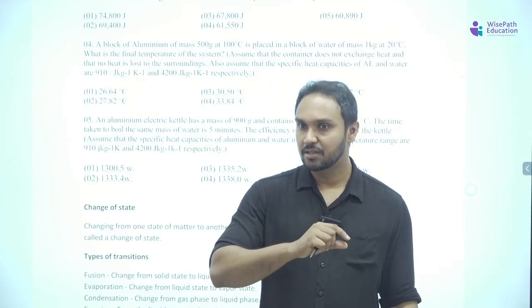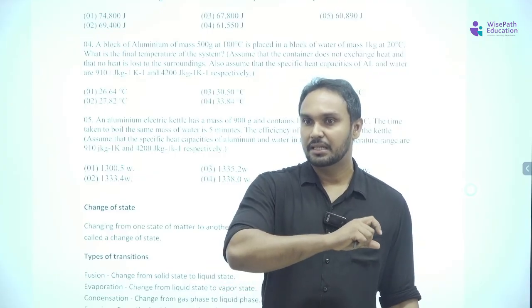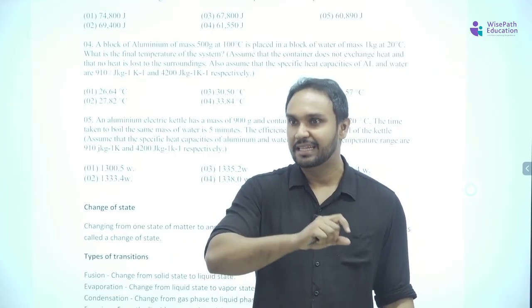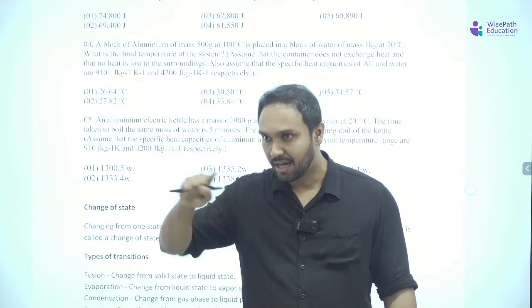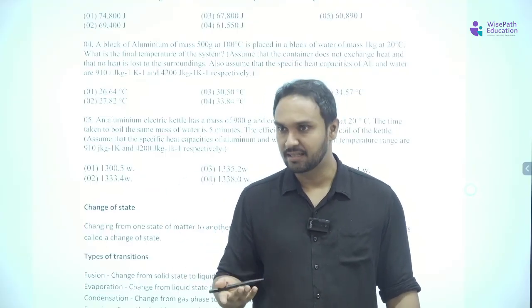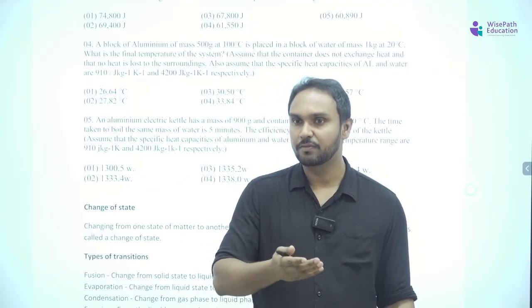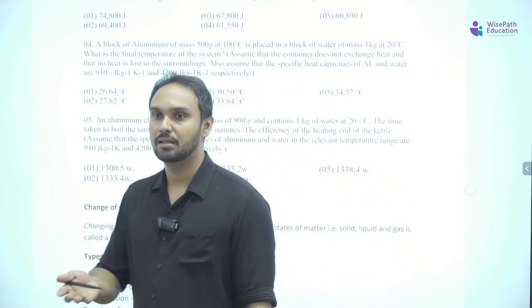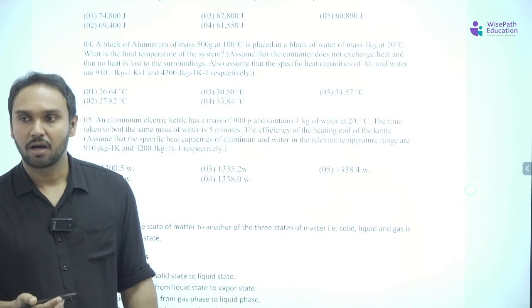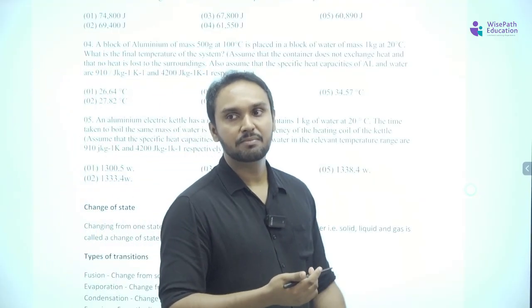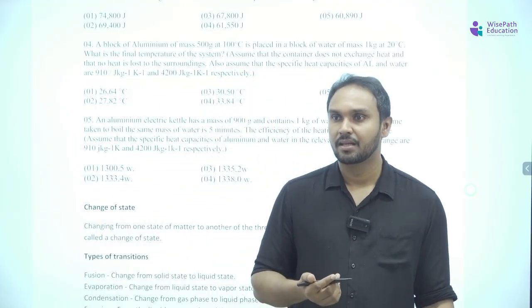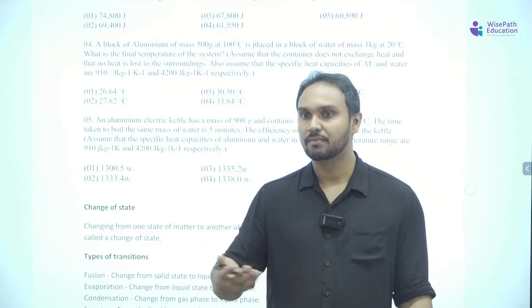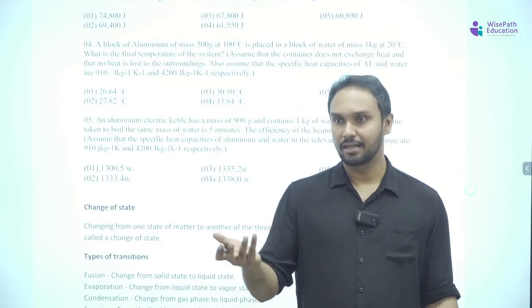So the efficiency of the coil will be the energy released or the heat released divided by the time taken to release it, isn't it? Yes, the rate of releasing the energy will be the efficiency of the heating coil, isn't it? So how do you find the energy released by the heating coil? That is the energy absorbed by the water and the container, right?